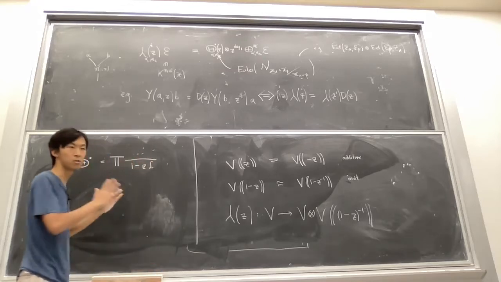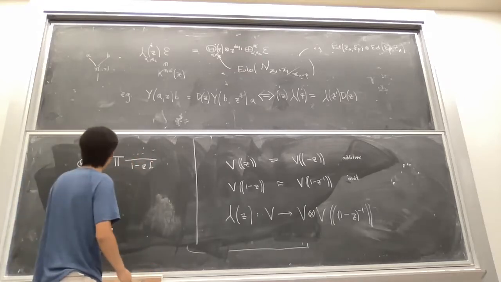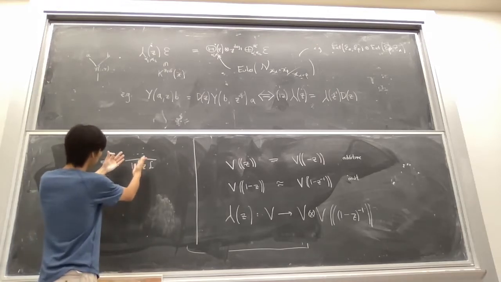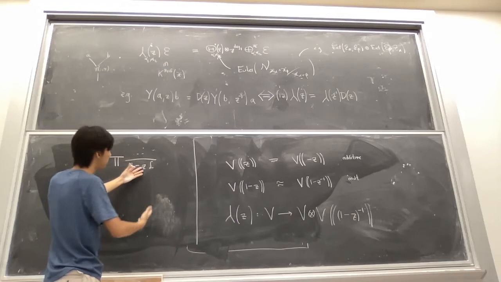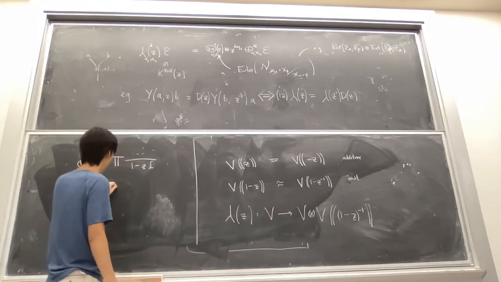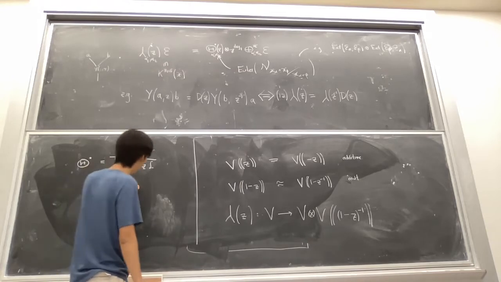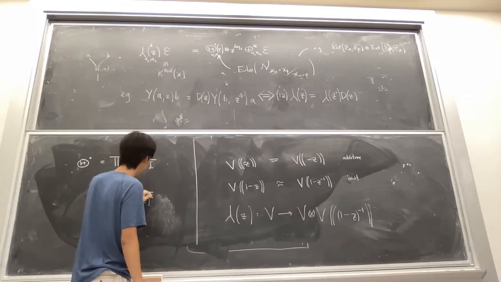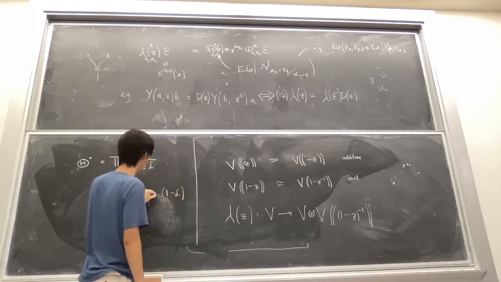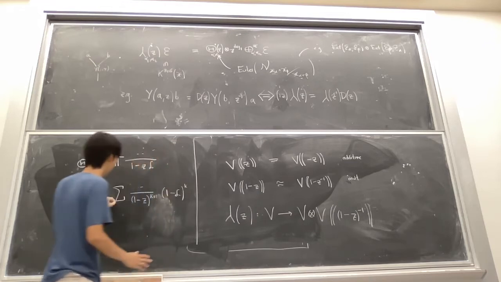Maybe the Z has some power, but let's not deal with that. And then what are we going to have to do for a vertex algebra? We have to expand this as a series around Z equal to 1. And so we're going to have some expansion, like 1 minus Z to some power, something like that.